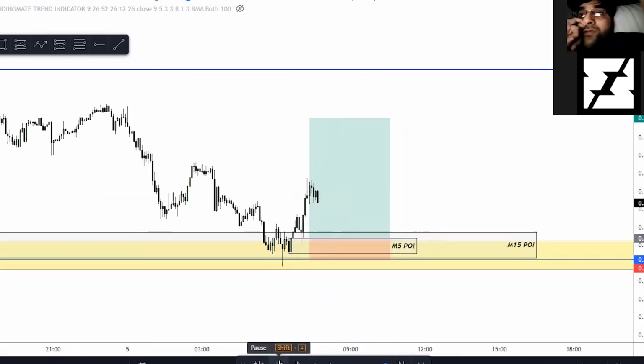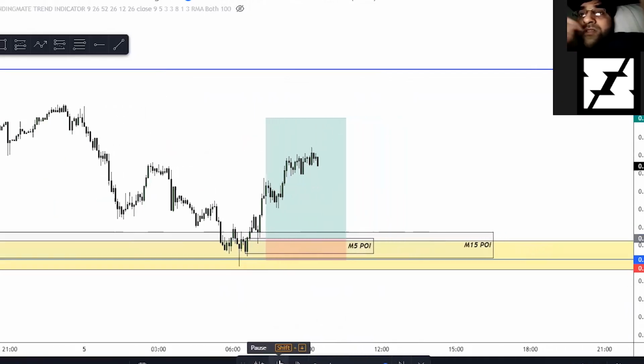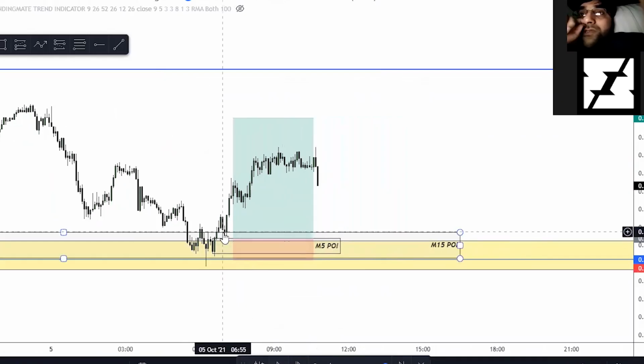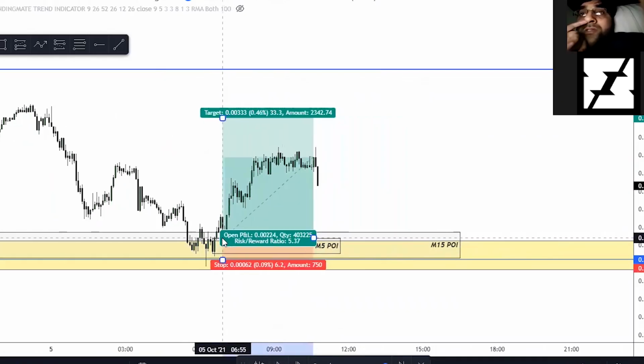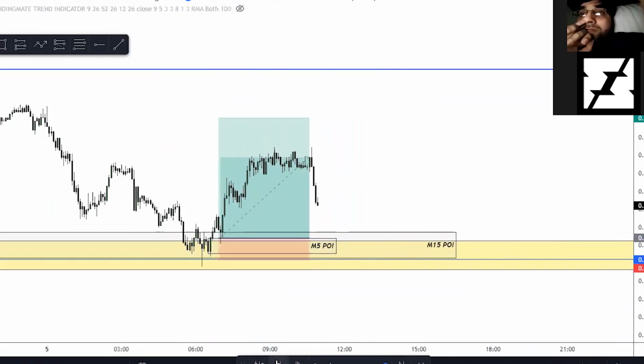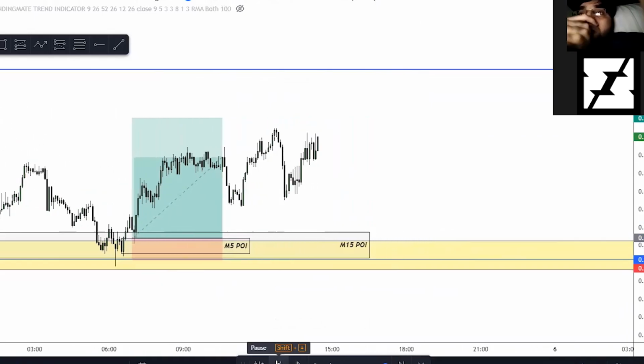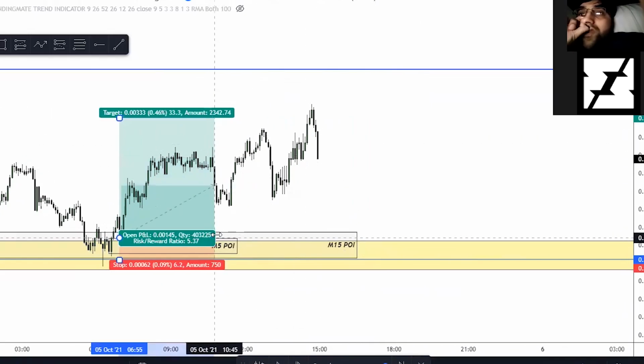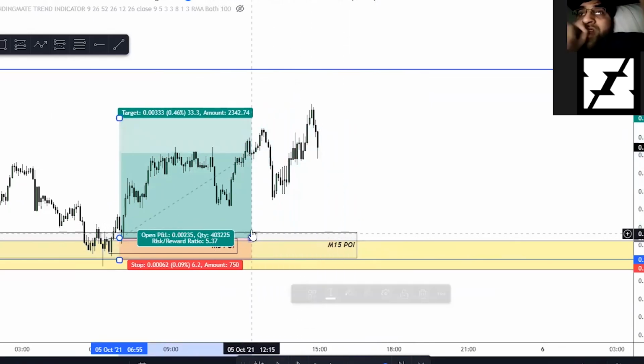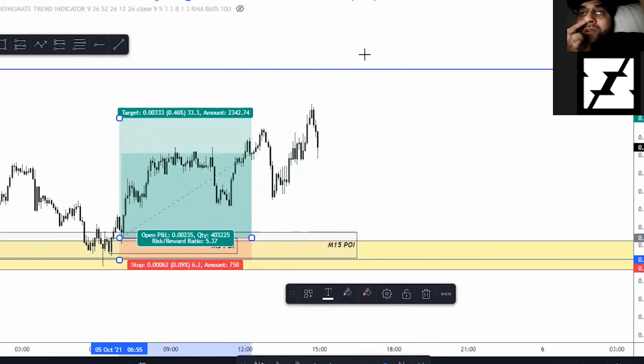This is just a simple technique, and as you can see here, we are in the trade already. And that is how you get a 1 to 5 risk reward ratio, just as simple as that.